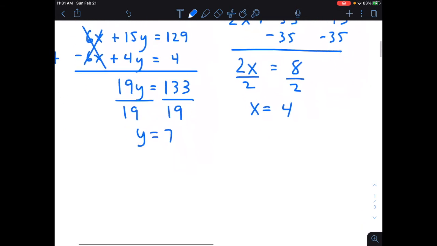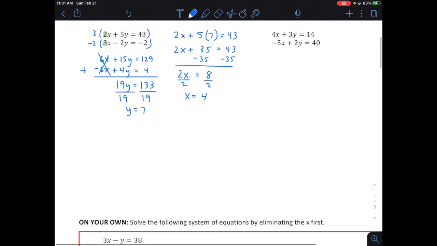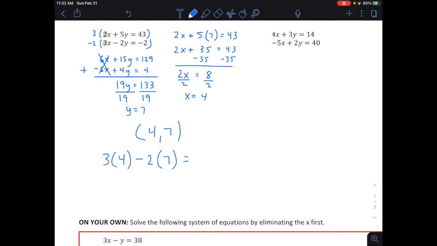All right, so I'm pretty confident in myself that I think my answer is 4, 7. But I'm going to check. Since I plugged it into the first equation, I'm going to plug everything into the second one. So I have 3 times 4 minus 2 times 7 equals negative 2.